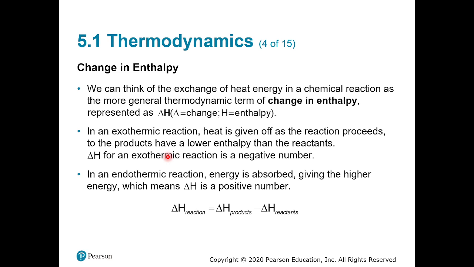Endothermic, on the other hand, means energy is being absorbed, and so our change here is going to be positive because we're absorbing energy from the surroundings. We're taking it in. And so delta H is a positive number. This is actually how you would calculate delta H for a reaction. You have the H of the products minus the H of the reactants. So, just the difference in the enthalpy, right?